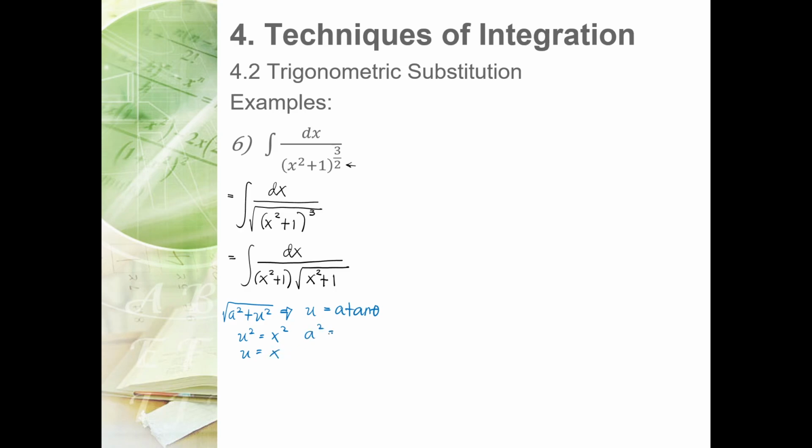Then a squared is 1, so a is equal to 1. So by formula, this will be x equals tangent theta. Diba? So the derivative is secant squared theta d theta. So we can replace dx with secant squared theta.